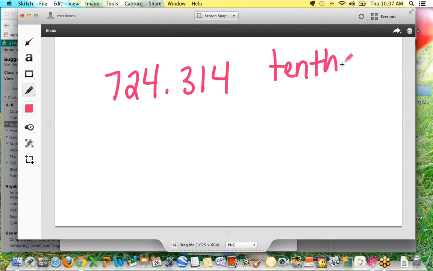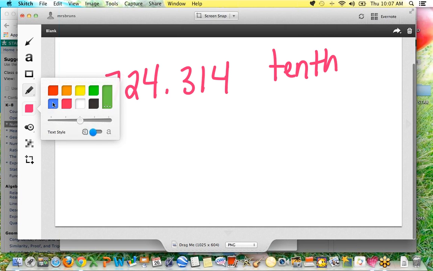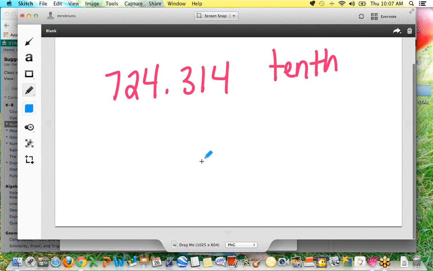First step that you should think about in your head, which number is in the tenth position? Tenths. So you got to look at this TH, that means decimal. So which number is in the tenth position? It'd be your 3, right? Okay, so round to the nearest tenth.